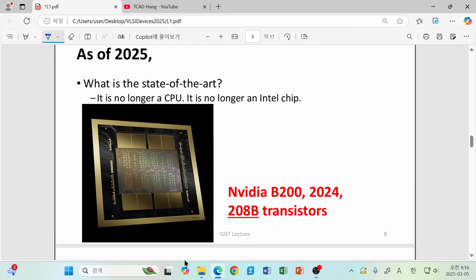It is no longer a CPU. Nobody talks about CPU anymore. And unfortunately, it is no longer an Intel chip. Nobody talks about Intel anymore. Then this guy, code name Blackwell, released last year, has 208 billion transistors.